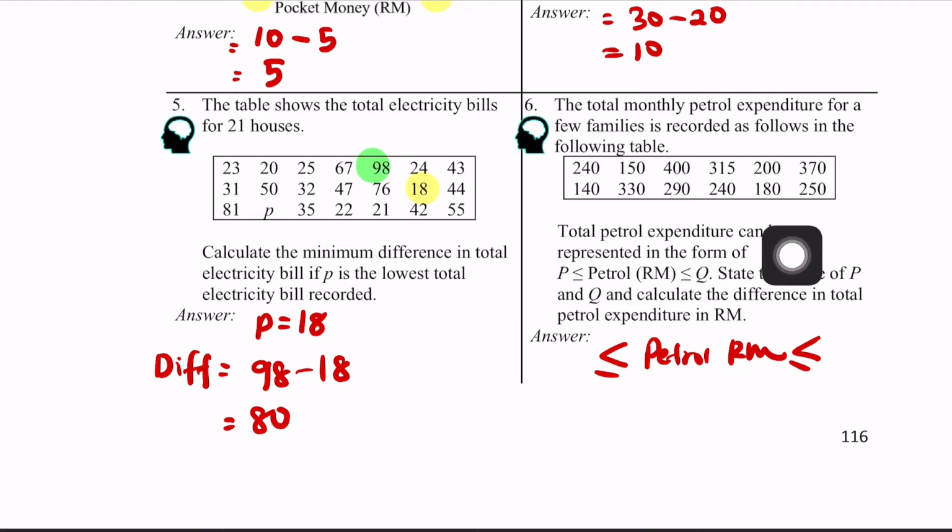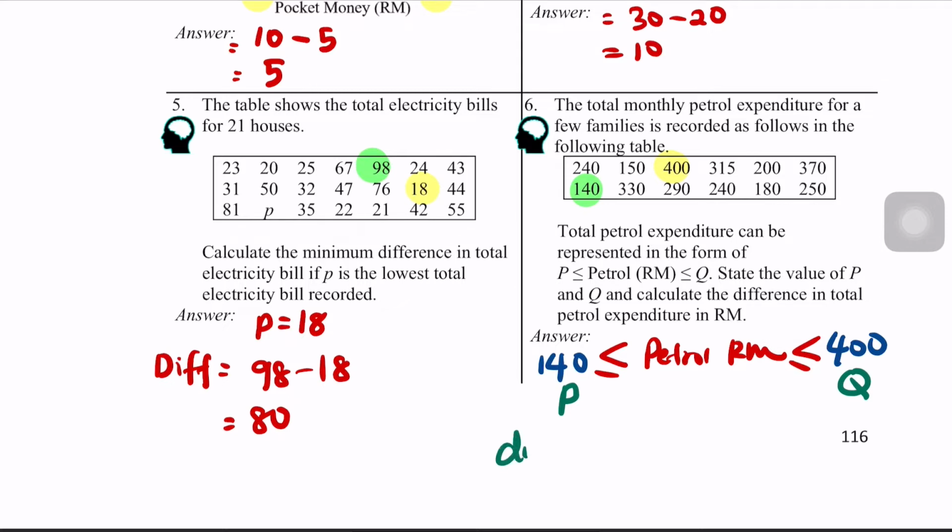From the set of data, we know that the lowest one is 140 and the highest one is 400. So we can substitute this value. This is your value of P and this is your value of Q. So the difference is simply 400 minus 140 and your answer is 260.